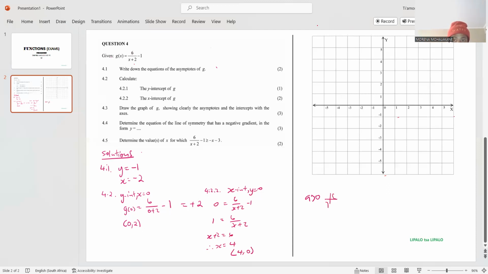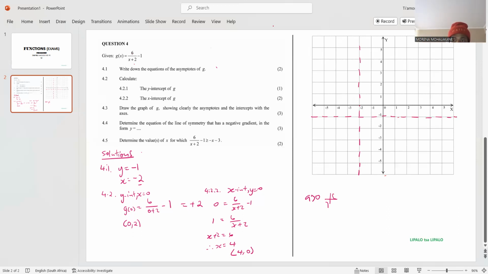So I'll go and start with the asymptotes. My asymptote is x is equal to 2. Here's x is equal to 2. The graph doesn't touch this. And then I have y equal to negative 1. The graph also doesn't touch this line here.